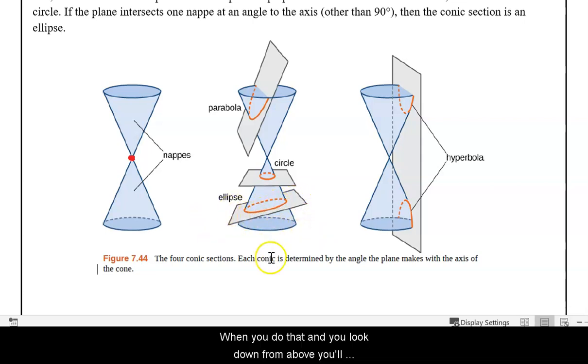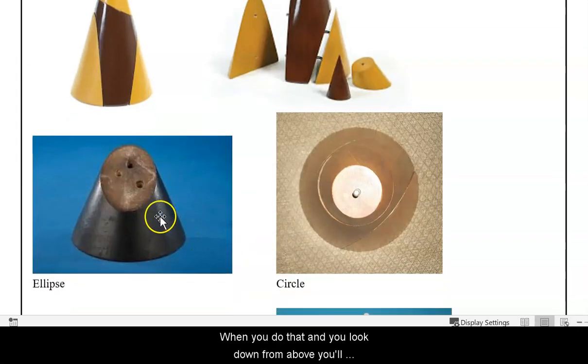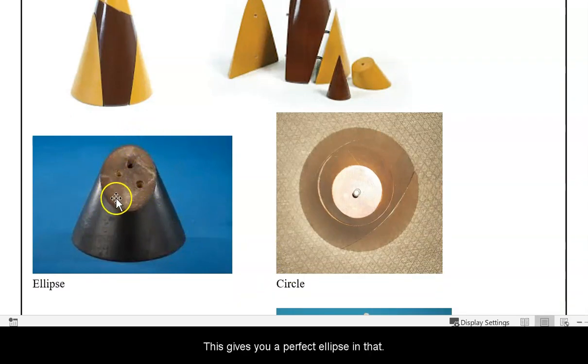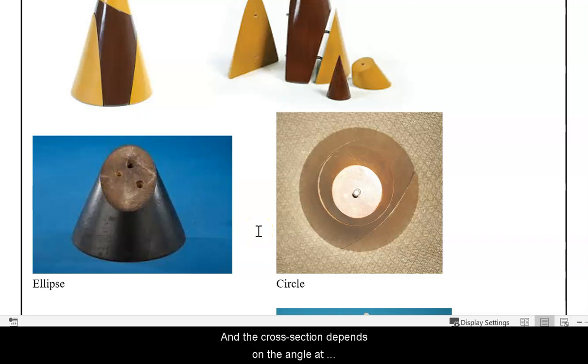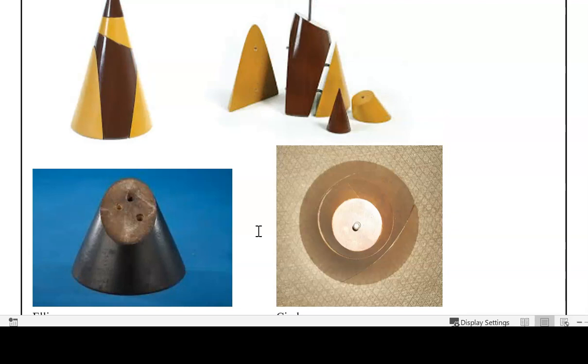When you do that and you look down from above, you'll see that what you get as the result is an ellipse. This gives you a perfect ellipse in that cut. And the angle at which you cut it will determine how long the ellipse is and how narrow the ellipse is.